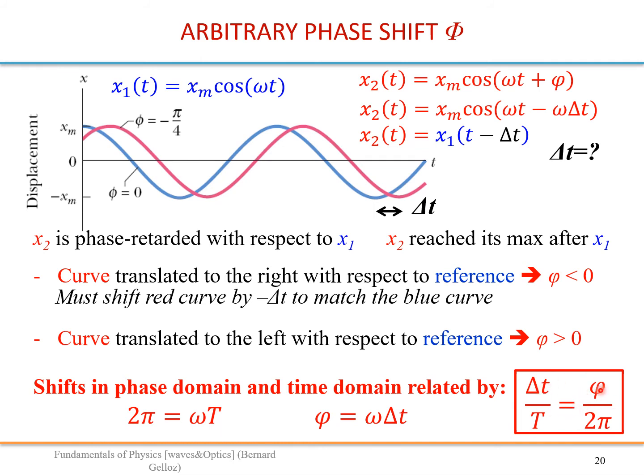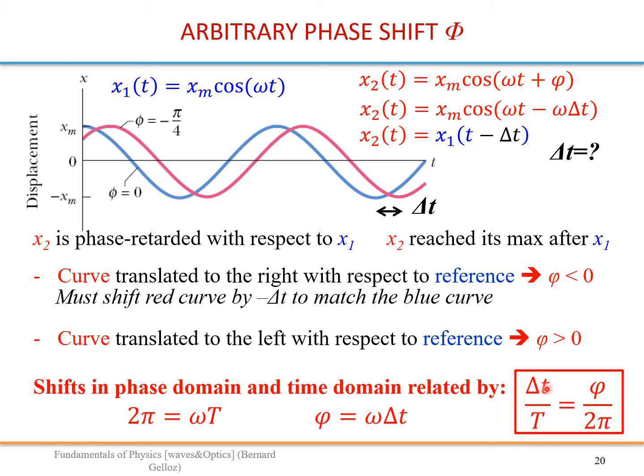Okay, so a comment here. You see that this equation makes a lot of sense, because on both sides you have a ratio of a full cycle. Phi is an arbitrary angle divided by a full cycle in the phase domain.